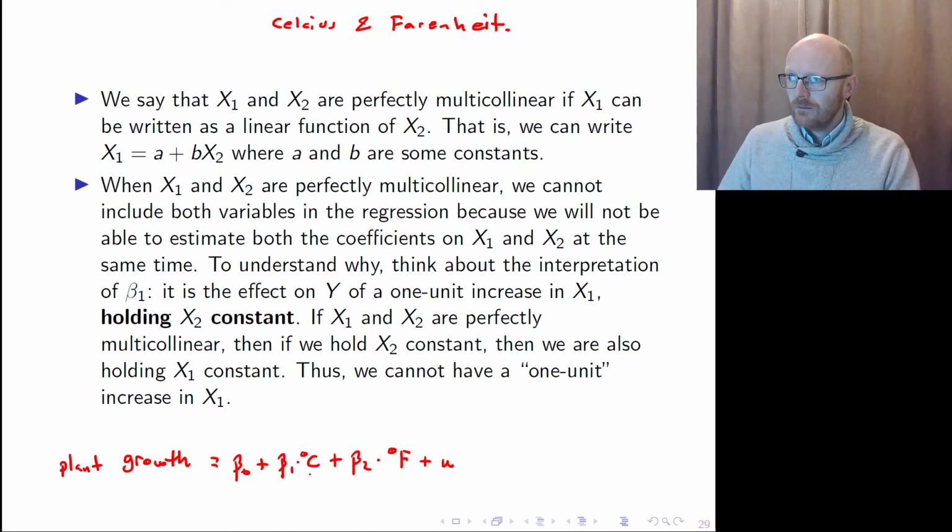Another way to think about why this is a problem is that if you find that increasing temperature by 1 degree increases plant growth by 1 centimeter per week, which of these betas is responsible for that effect? You can't decipher the difference, right?